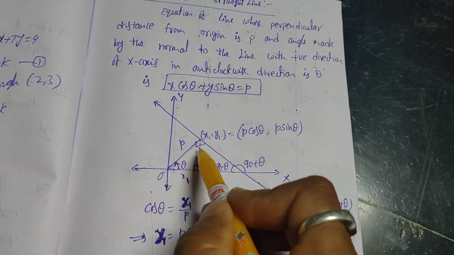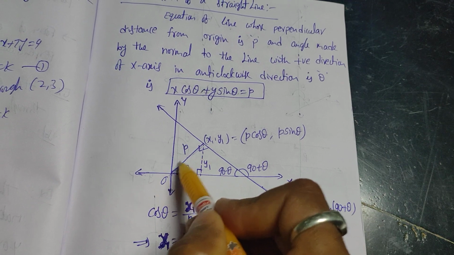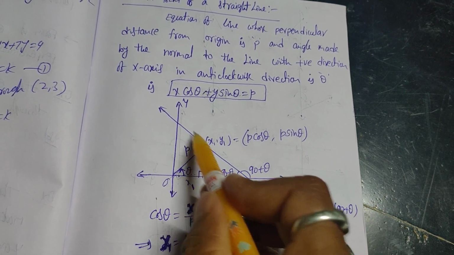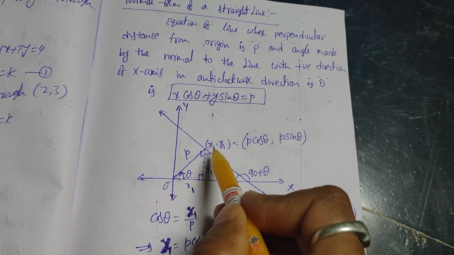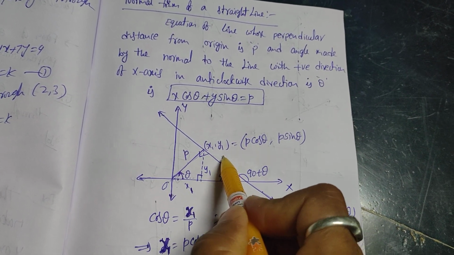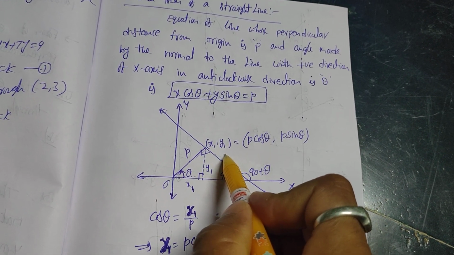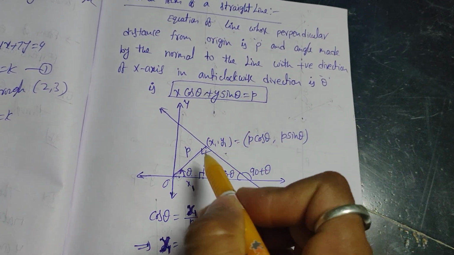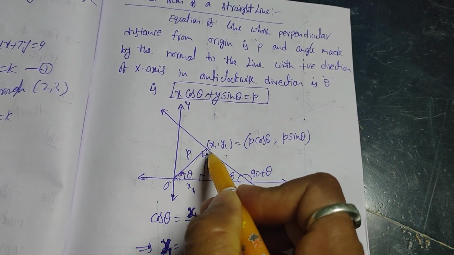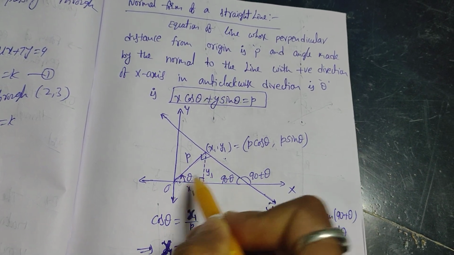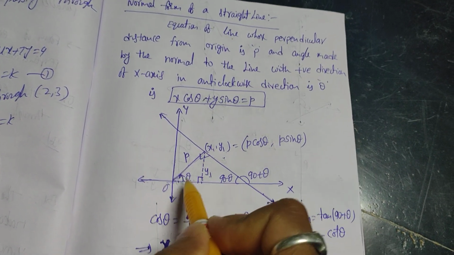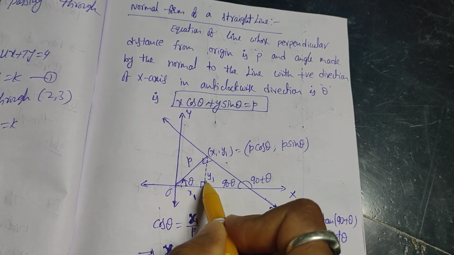Where this normal and this straight line intersect, that point we denote with x1 comma y1. So this length is y1, this length is x1. It is theta, and this is 90 degrees.